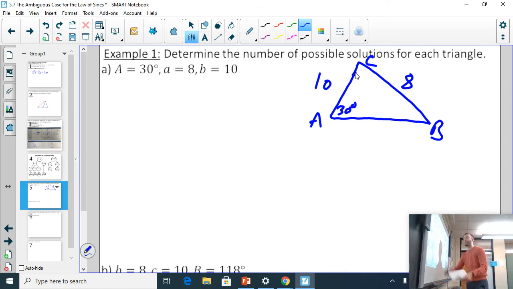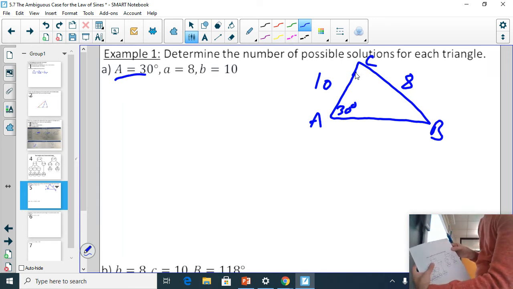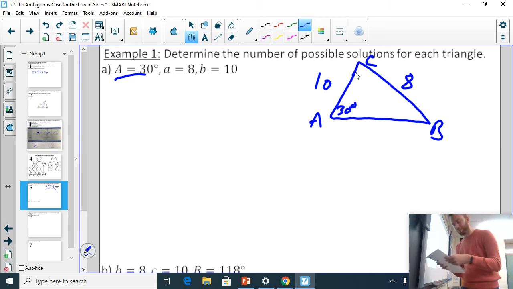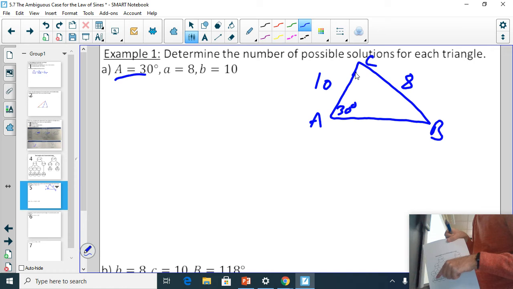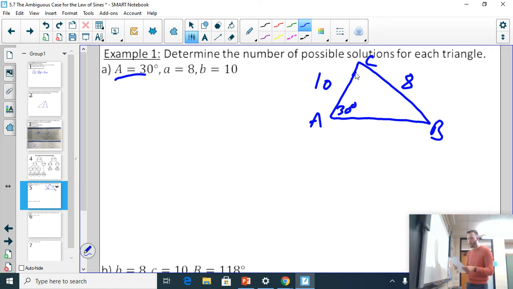Is A less than 90 degrees? Yes. So we're going to follow down the A less than 90 degree path. Then, is a less than b? In this case, a is less than b, so we're going to continue down this longer path. Now we're faced with a lot of things.